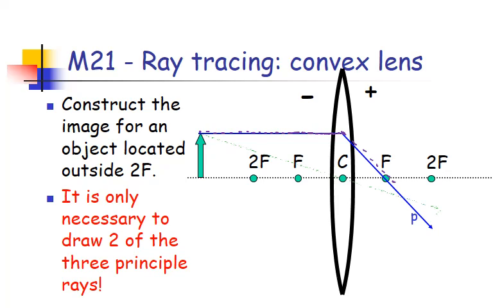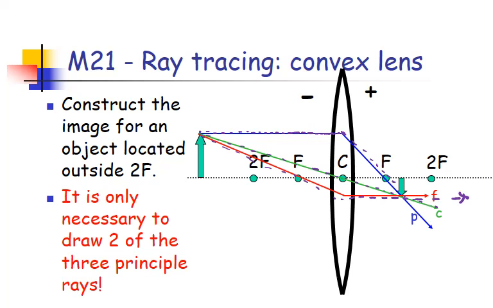Now we can draw the focal ray. The center ray. The center ray just goes straight through the center. The light coming from the tip of this would just go straight through the center and straight through like that. And then the focal ray goes straight through the focus and then comes out parallel. And then all 3 converge at this spot, and that's where the image will show up.